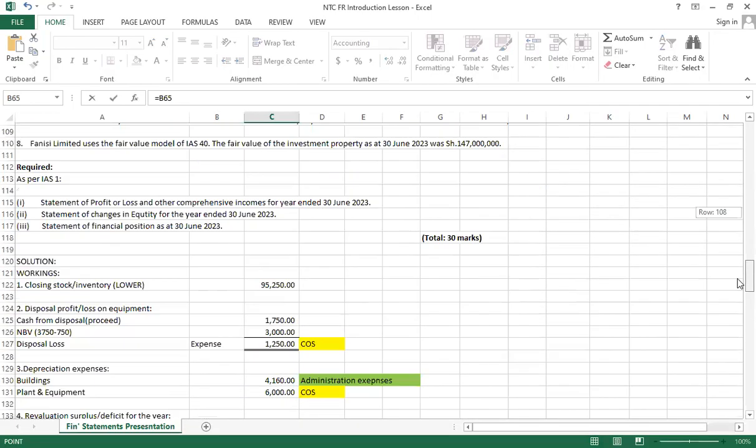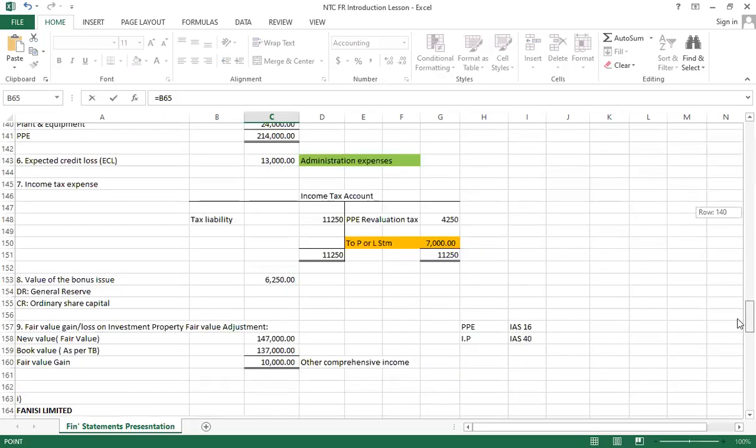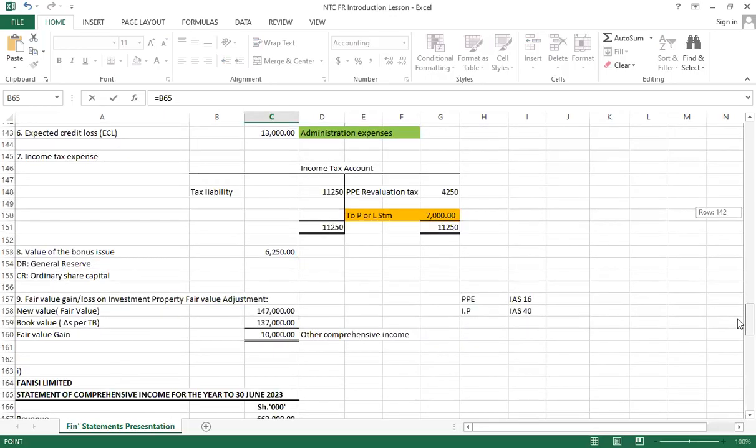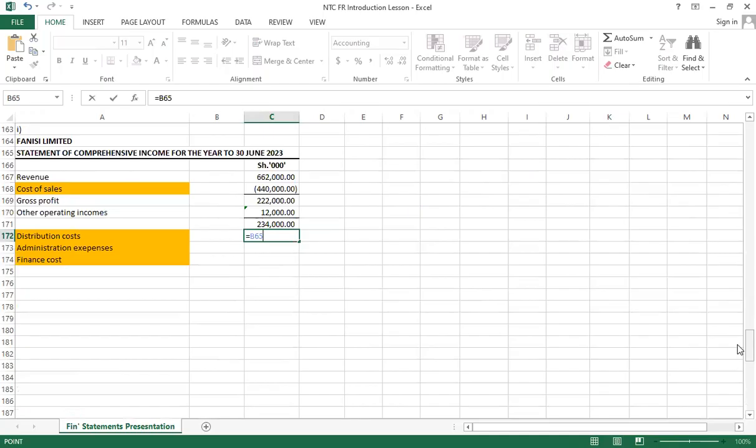Did we say anywhere that we have a distribution expense to be added to the distribution category? I haven't seen any. All we saw, we had agreed to take to the cost of sales and the administration. So the distribution cost is just what the question gave, that's the 128, and I want that as a negative figure. So negative 128.